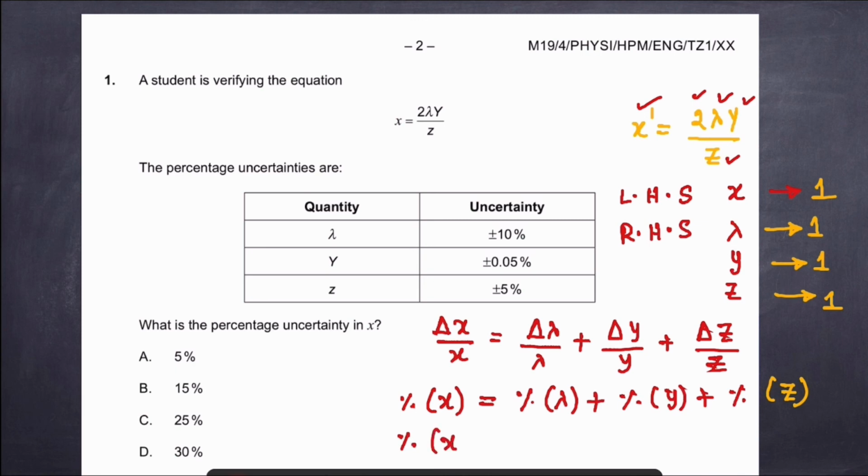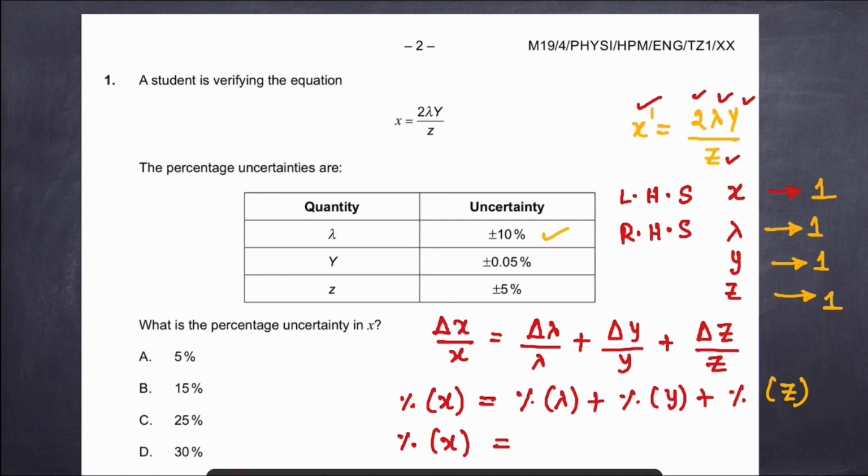Percentage uncertainty in lambda is given to be plus minus 10%, plus the percentage uncertainty in y is given to be plus minus 0.05%, and the percentage uncertainty in z is given to be plus minus 5%, right?